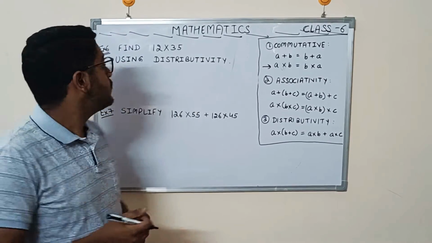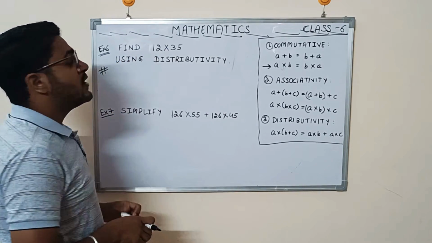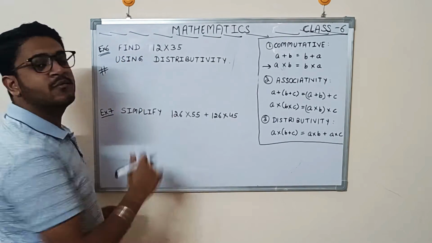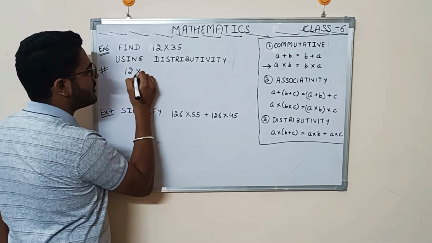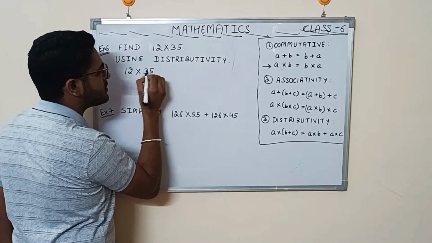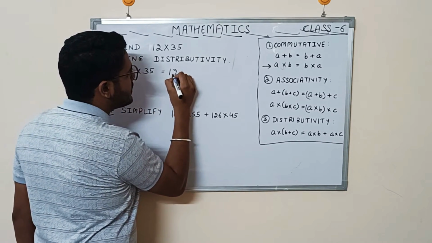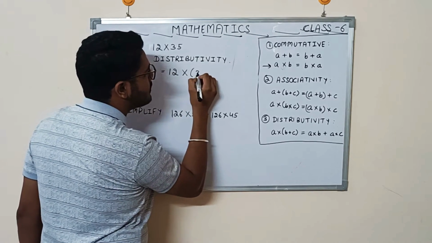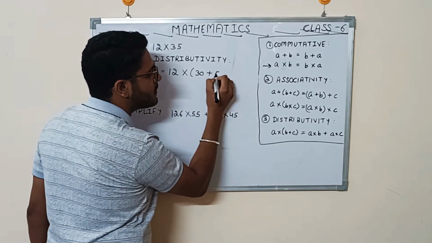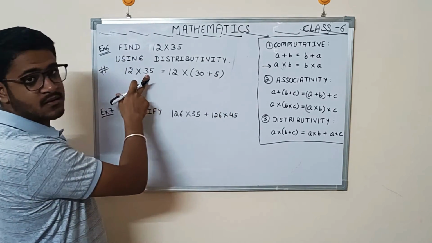Now let's move to our example number 6, right? Find 12 into 35 using distributive property. Okay, let's start. 12 into 35, right? So can I write 35 as 30 plus 5, right? 30 plus 5 is nothing but 35.